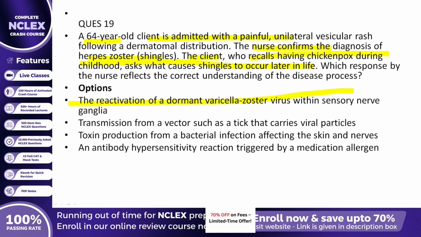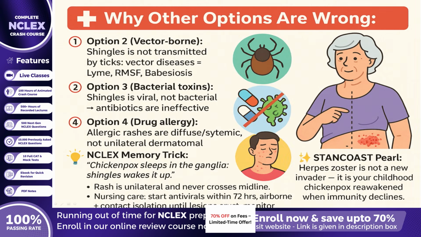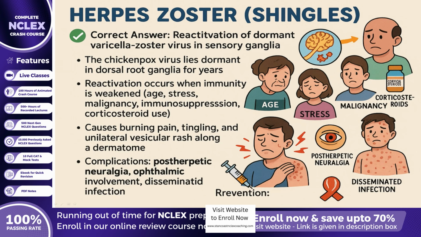Shingles develops when the varicella zoster virus, the same virus that causes chickenpox, reawakens after lying dormant in the dorsal root ganglia for years or even decades. When the immune system becomes weakened by age, stress, immunosuppression, malignancy, or corticosteroid therapy, the virus begins replicating along the affected sensory nerve. This causes burning pain, tingling, and the hallmark vesicular rash limited to a dermatome.